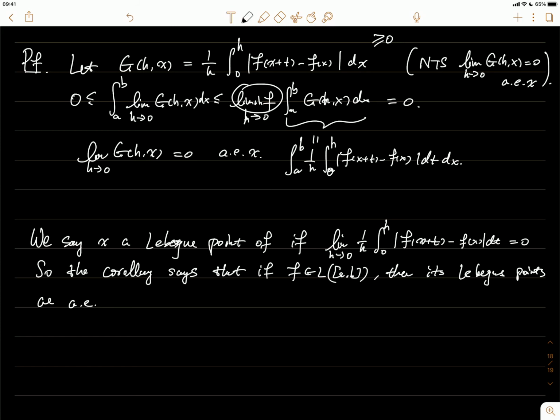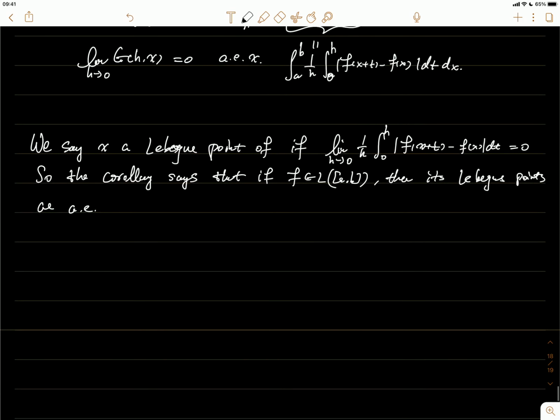All right, so let's look at an example that can apply the result above.